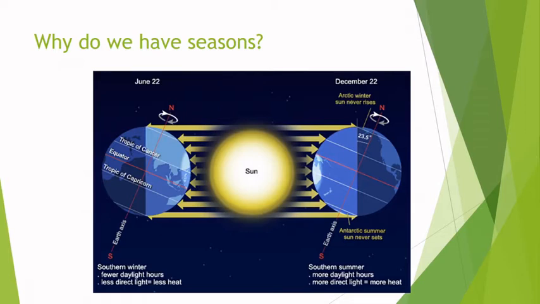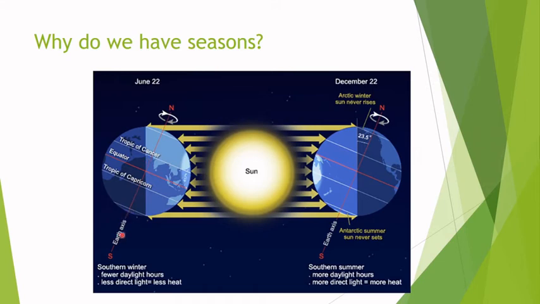Well, this is something I already explained to you the other day using the ball and the torch of my mobile, explaining to you that it's due to the angle in which we receive the sunlight. Everything is caused because of the axis of rotation of the Earth.